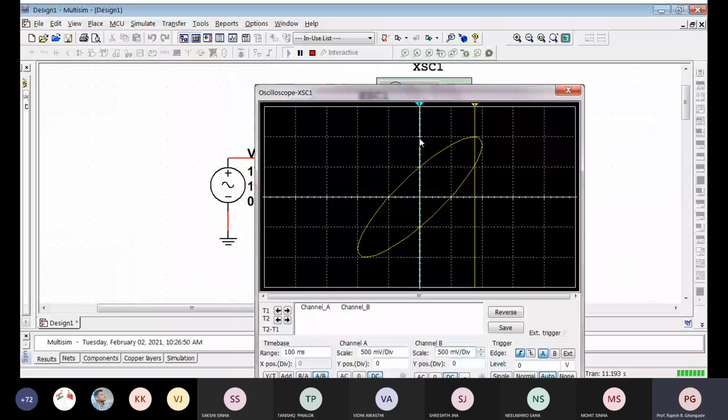This point and this point. How many divisions are there for this point? Guys, the edge of the ellipse is touching here, this particular.